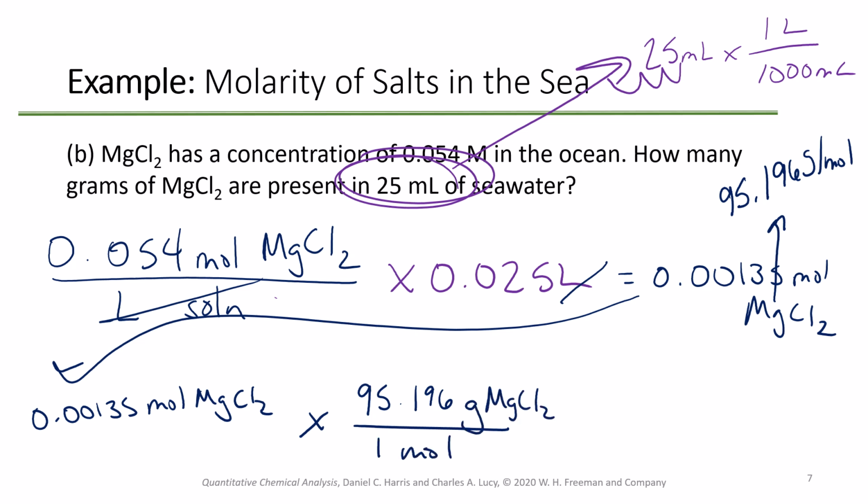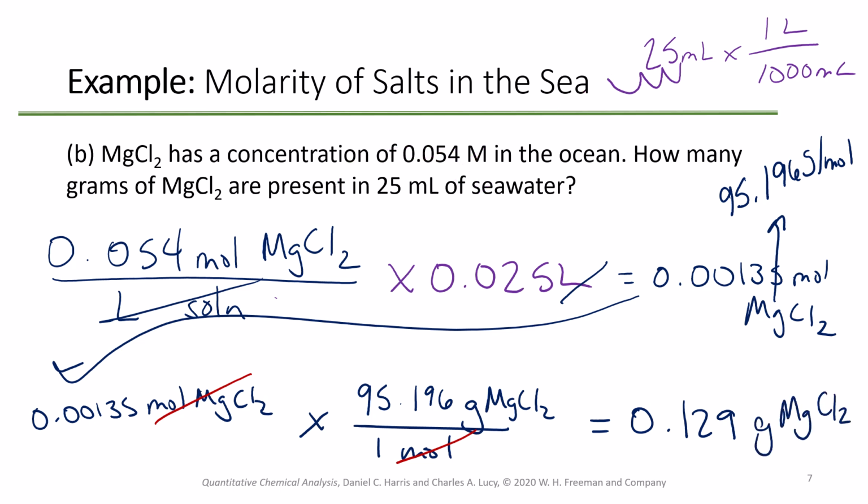That way the moles cancel, and my overall answer will be 0.12885, so that might round up, so I'll just do 0.129 grams of magnesium chloride. If the problem is giving it to you in 2 sig figs, I could even round up one more time, so that would be 1.3 grams of magnesium chloride.